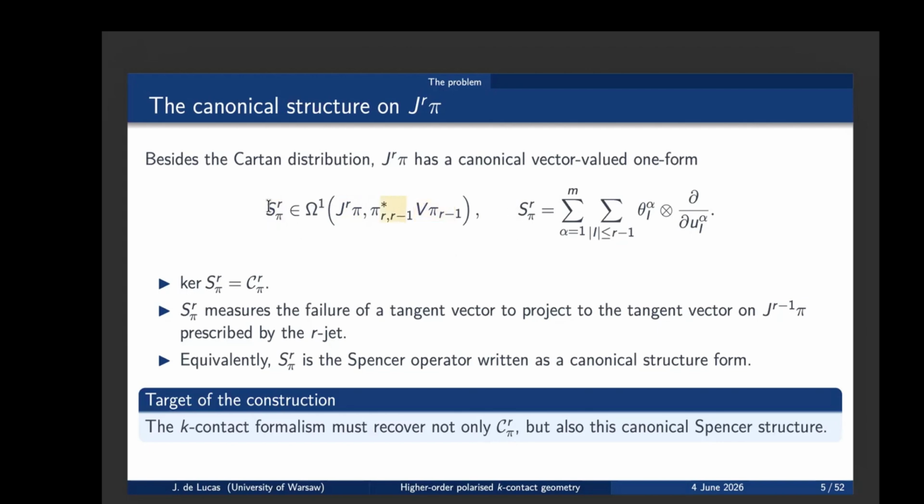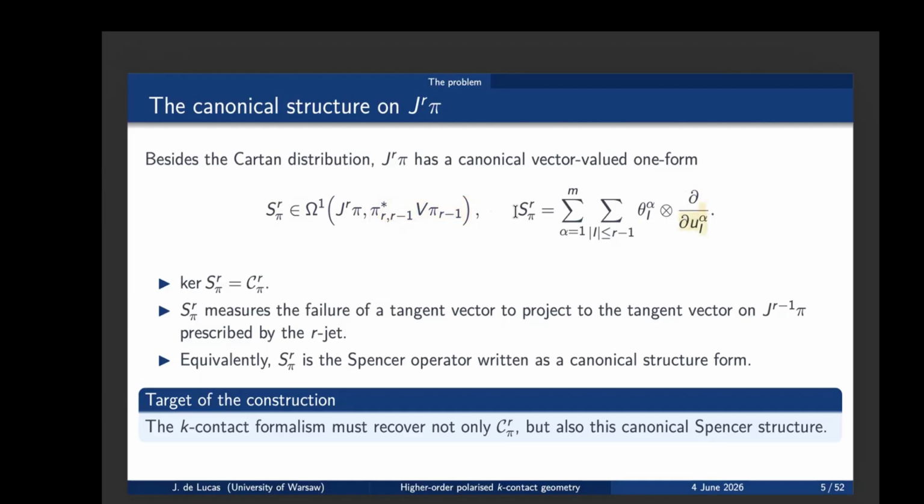This thing can be understood in different ways. It can also be understood as the Spencer operator, which is indeed an operator, and it looks like this, but it is different. Here you have a differential one-form taking values in this vector bundle. In adapted coordinates, they look exactly the same, but the interpretation is different, because here the partial derivatives are understood as a differential.